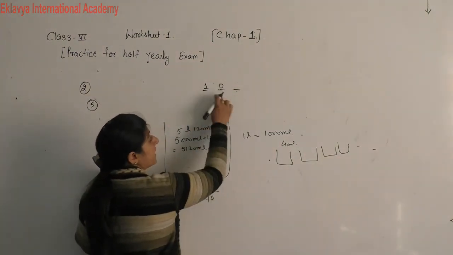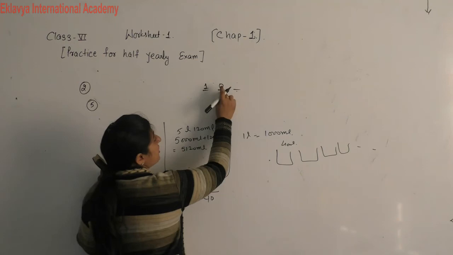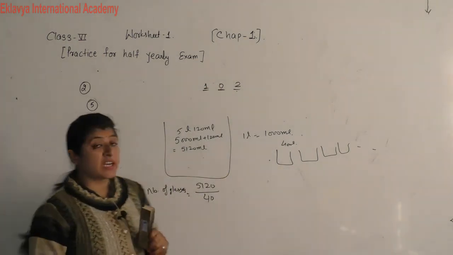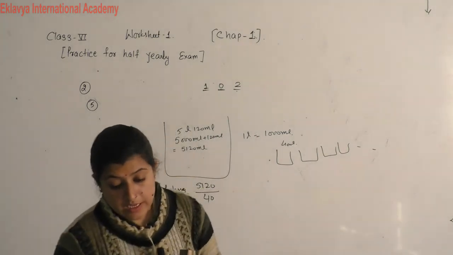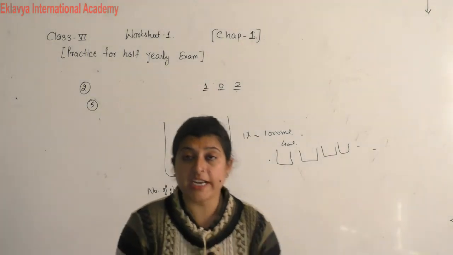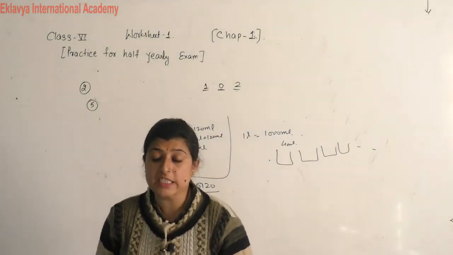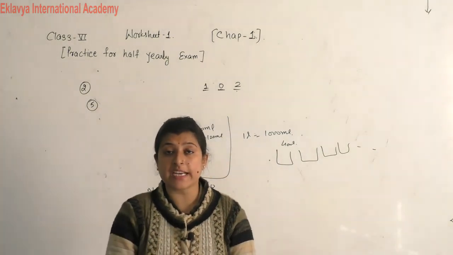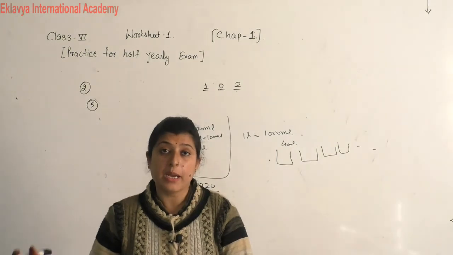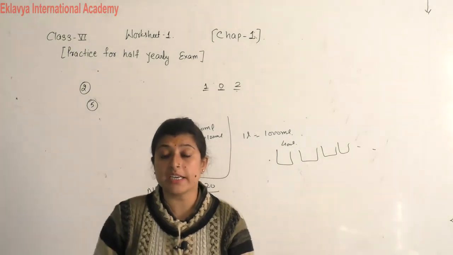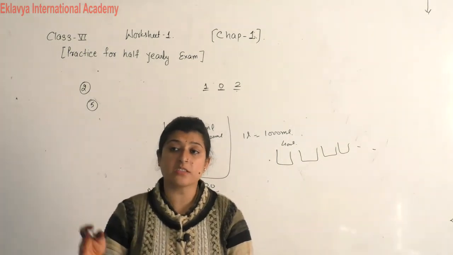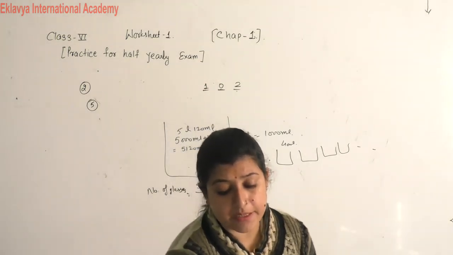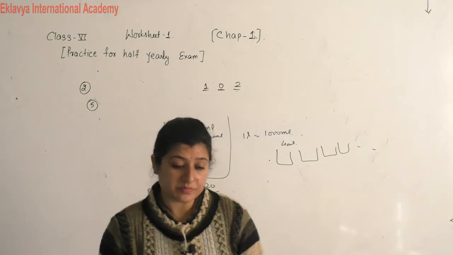Then we need unique digits, so 1 or 0 we can't use again, then we have to use 2. Then it becomes 102. Subtract the successor of 99 from the predecessor of 201. Successor of 99 means 99 plus 1, which is 100. Predecessor of 201 means 201 minus 1, which is 200. Then subtract: 200 minus 100 becomes 100.